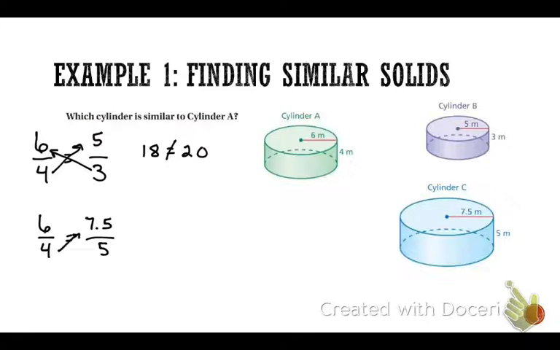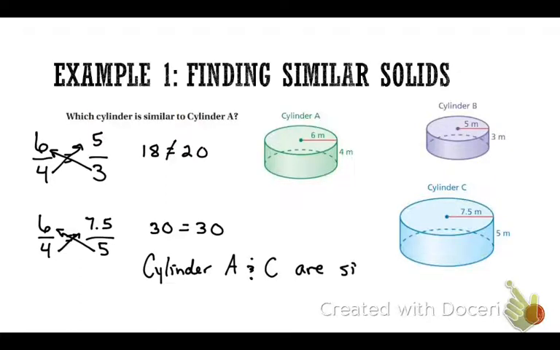So you can use a calculator to do 4 times 7.5, and you don't need one for 6 times 5. 6 times 5 is 30, and 4 times 7.5 is also 30. Because those totals are equal, I know that cylinder A and C are similar.